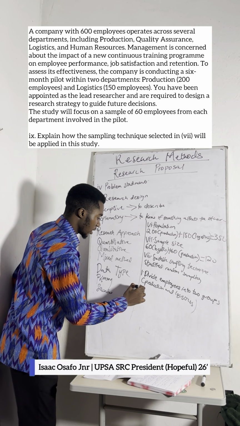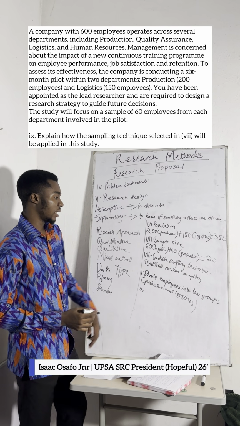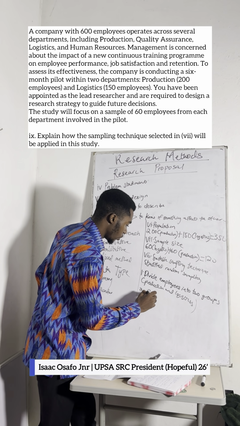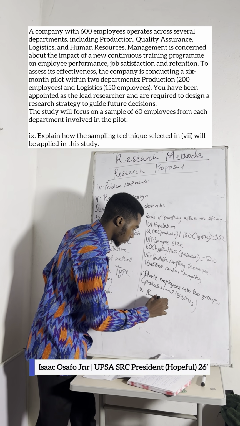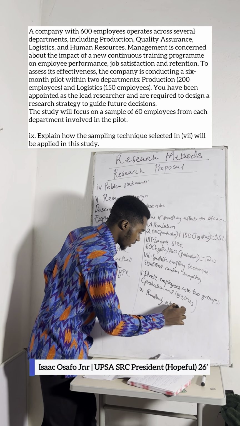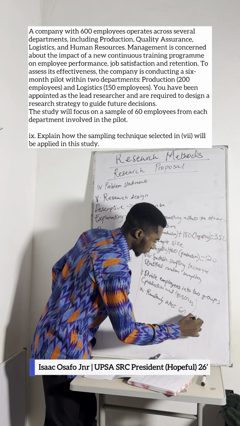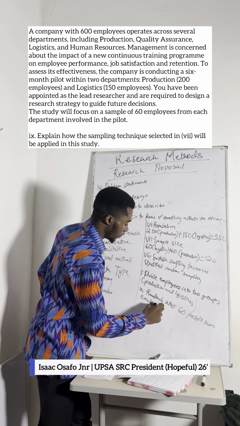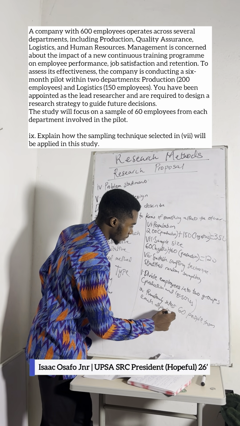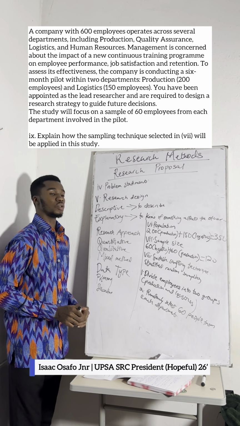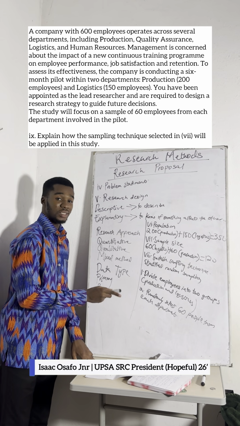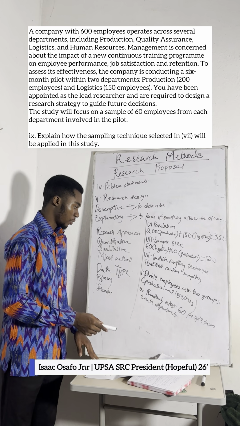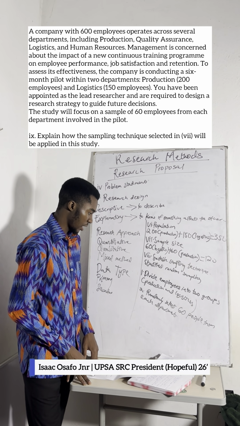Then the second step is to randomly select 60 people from each department or each group. Do you get it? They've already done the sampling in the question, so you just have to repeat how you go about it. That's the same thing in the question. So yes, just 2 steps. You can end it. All right.